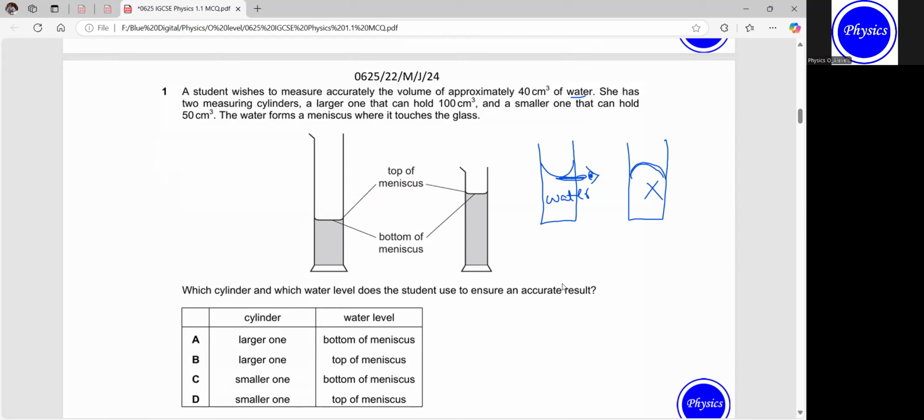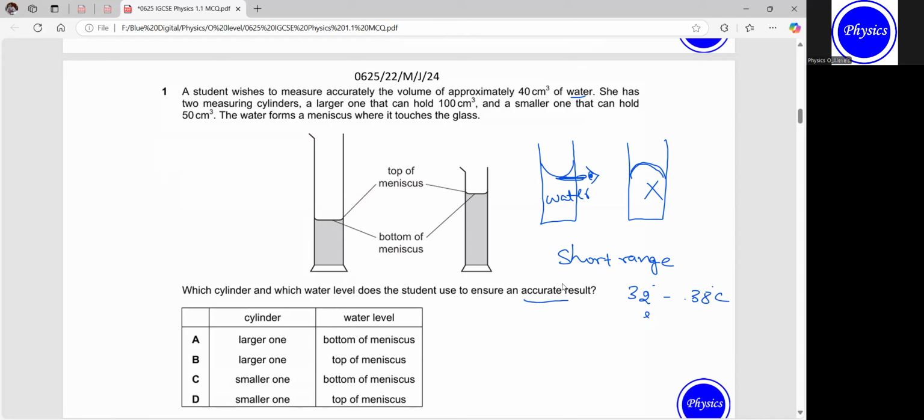So she needs an accurate result. Whenever you need accuracy, always go for the short range. If you have seen in olden days, doctors used a short range thermometer, which ranges from 32 to 40 or 38 degrees, something like that, very short range.